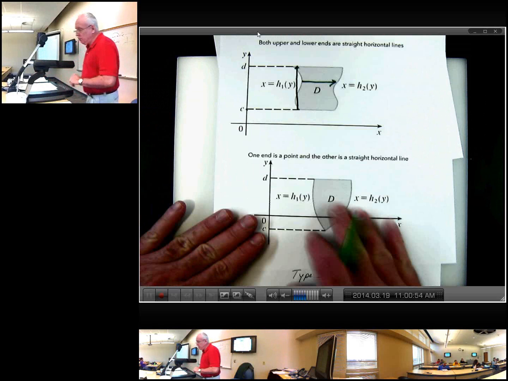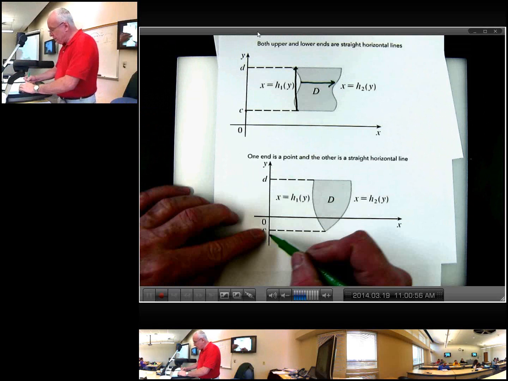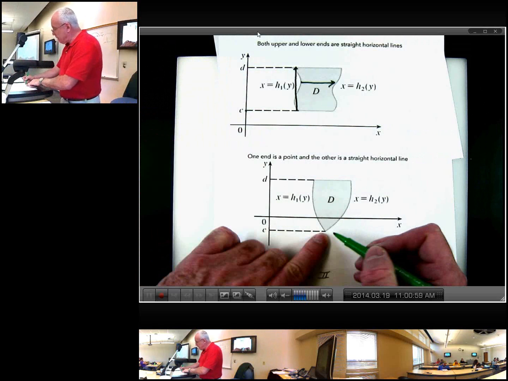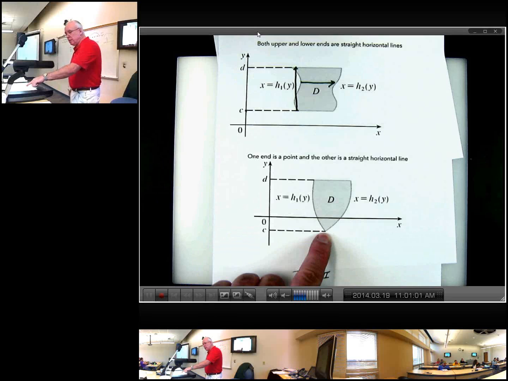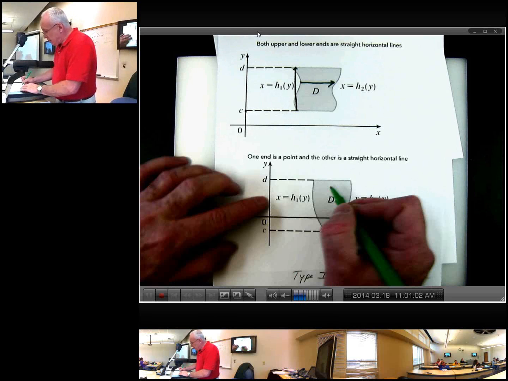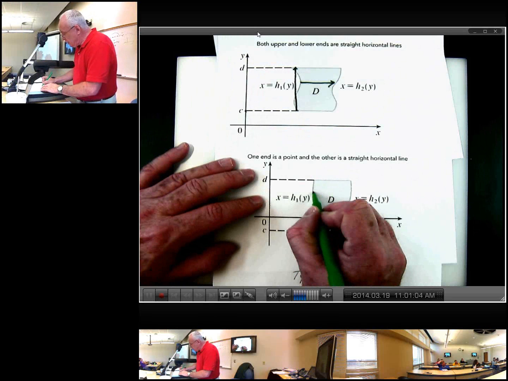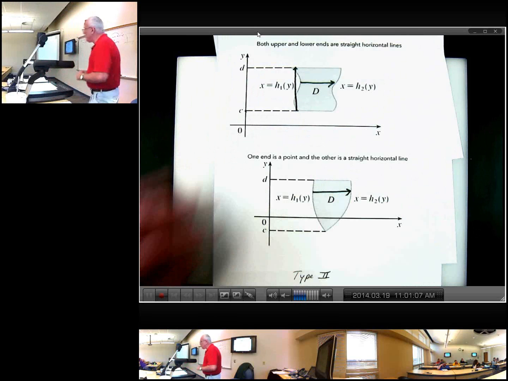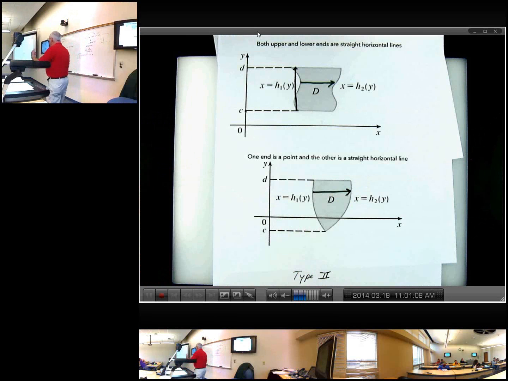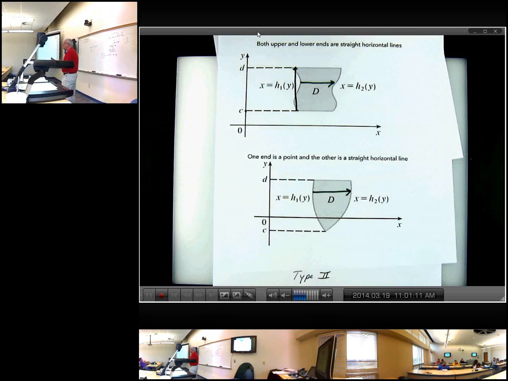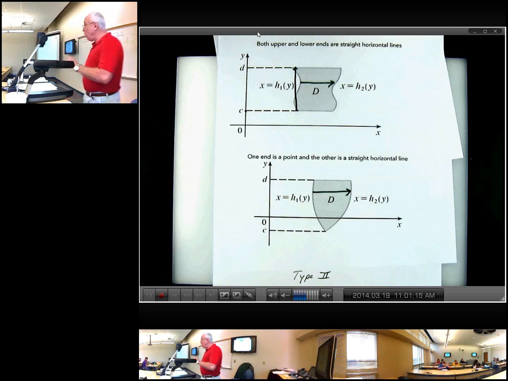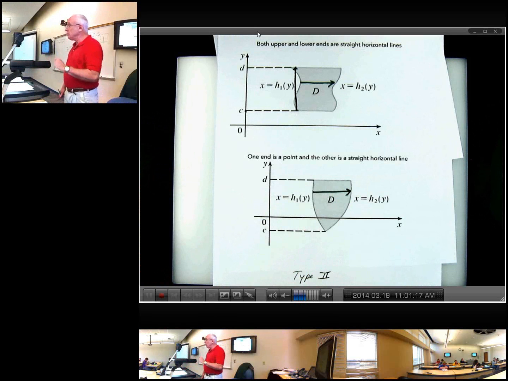Now here's another one where, again, y is going from C to D. This time it ends at a point there down below. Again, I can draw that horizontal arrow and all my x coordinates are between those two functions. Now this one here also is a type 1 region.